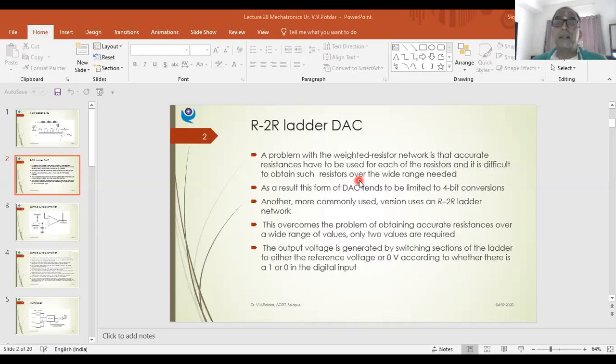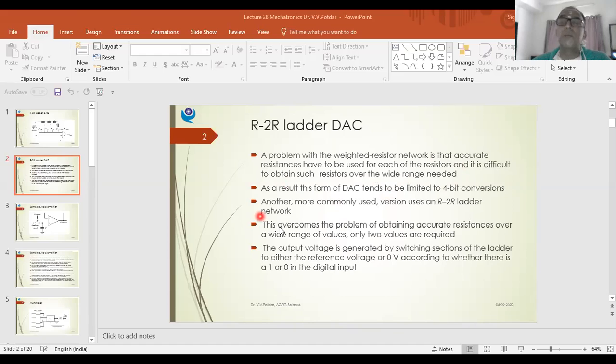Maybe in the weighted resistor type, for a 4-bit word, I can work out various resistances. If I have a variety of digital inputs, I cannot modify those resistance values every now and then. As a result, this form of DAC, the weighted resistor type, tends to be limited to 4-bit conversions. Another, more commonly used version uses the R-2R ladder network.